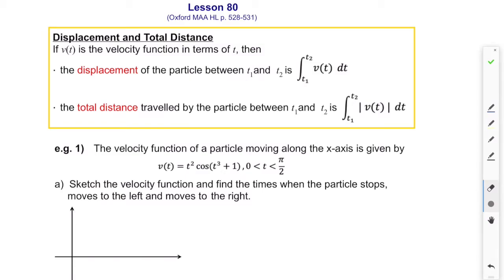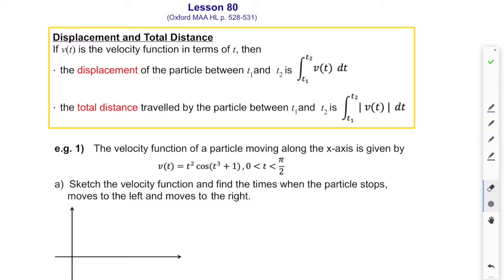Lesson 80. So hopefully from the investigation, you have discovered that in order to find displacement and total distance from the velocity function v of t between times t1 and t2, the only difference is that because displacement involves positives and negative so-called directions, then you can simply take the definite integral of v of t with respect to time from t1 to t2.